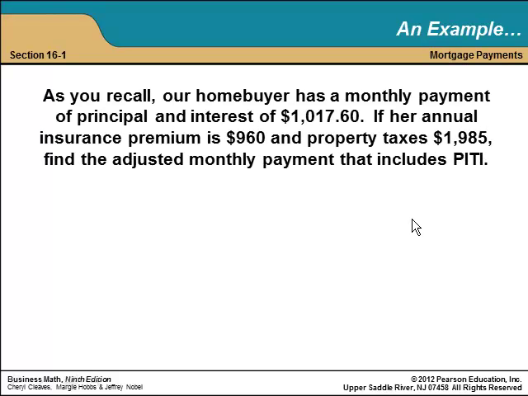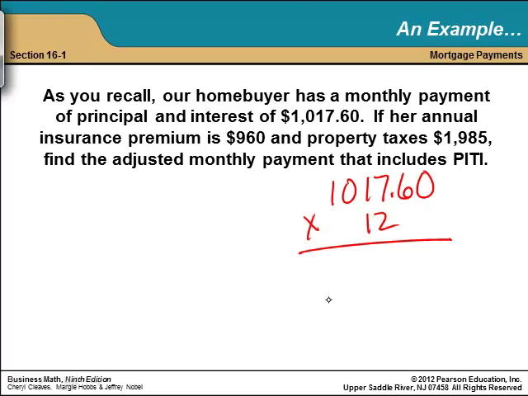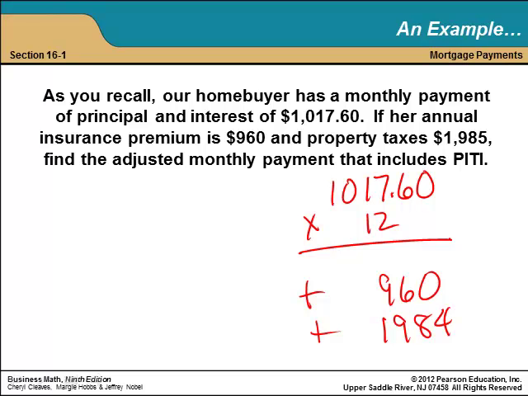Okay, our home buyer has a monthly mortgage and principal of $1,017.60 times 12. That's how many payments she makes in a year.